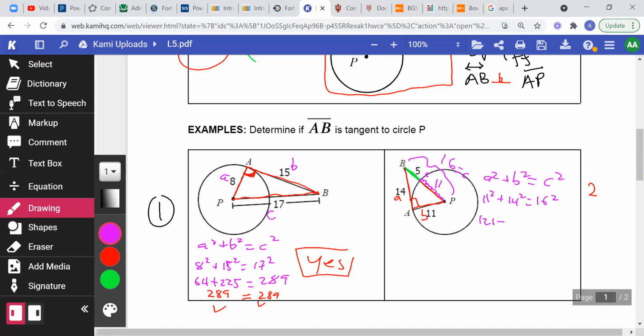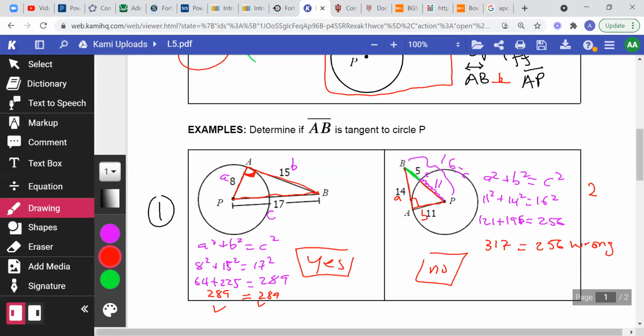What is 14 times 14? 196. What is 16 times 16? 256. And what is 121 plus 196? 317. And the other side we have 256. Are these two numbers equal? Wrong. Which means no.